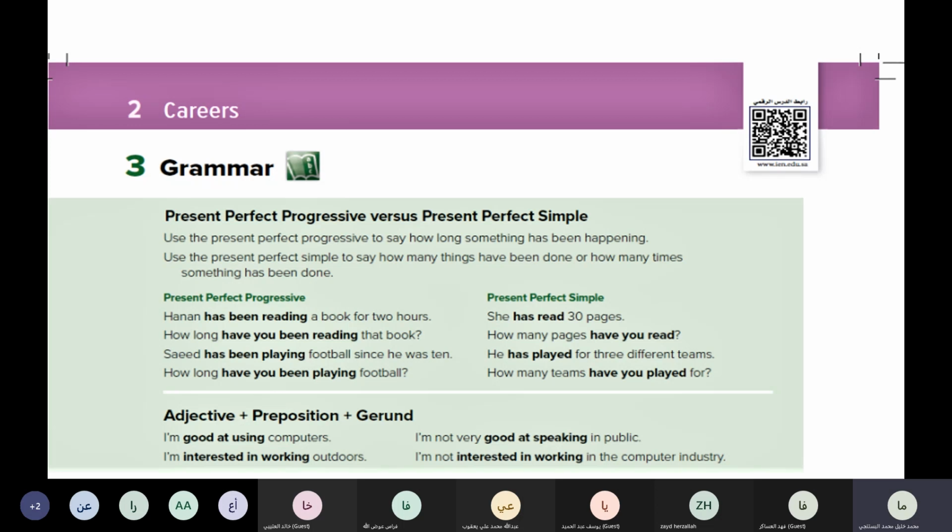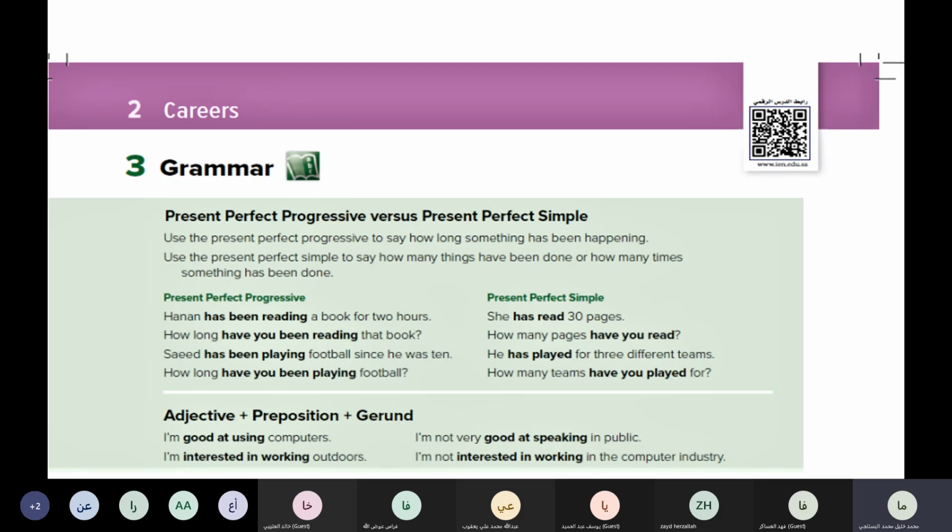Talk about things done, quantity of things, number of things. Focus on quantity, number of things. This is the difference between them.